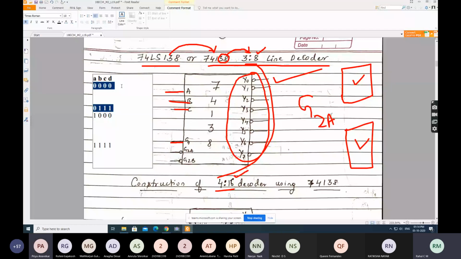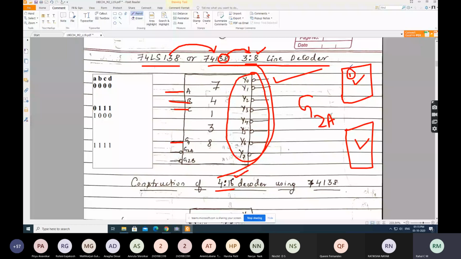The first 8 pins will be for IC1. Am I clear? The first 8 pins will be for this first IC. The next 8 pins will be for the second IC. Understanding?